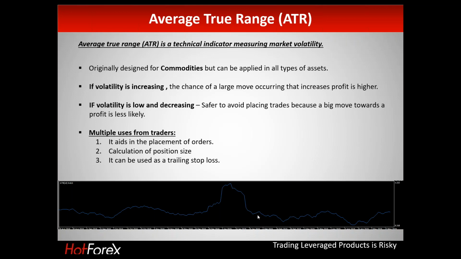So what does that mean? If we're seeing ATR moving higher and the range of ATR also increasing, that suggests that the traders, the market participants on that particular market, are prepared to continue moving in the same direction.